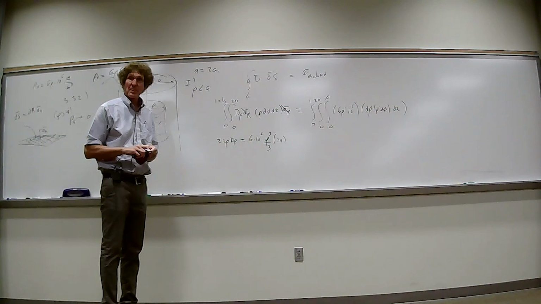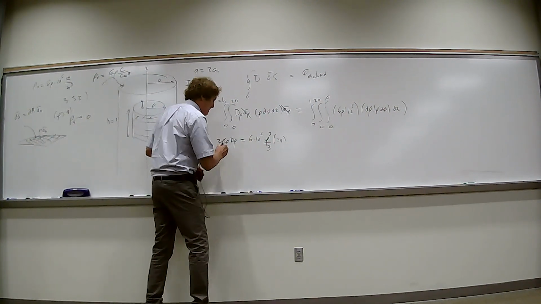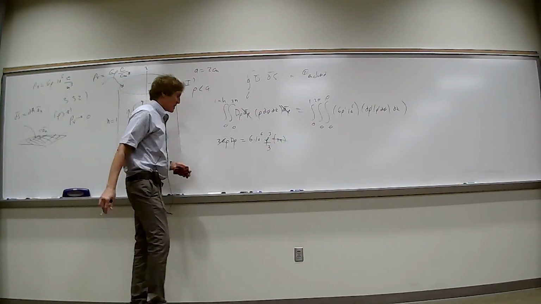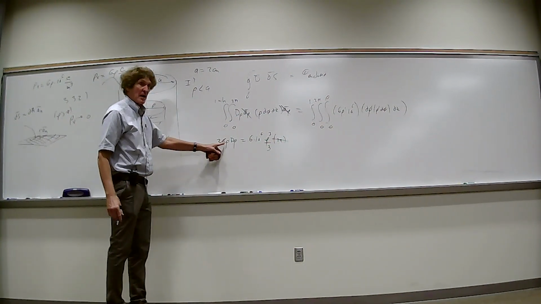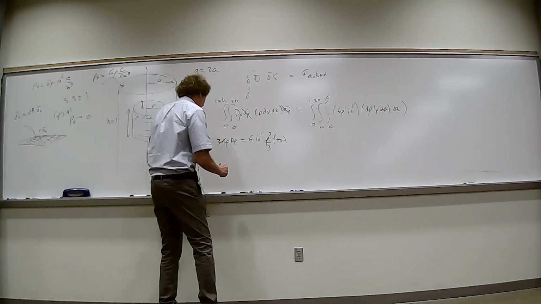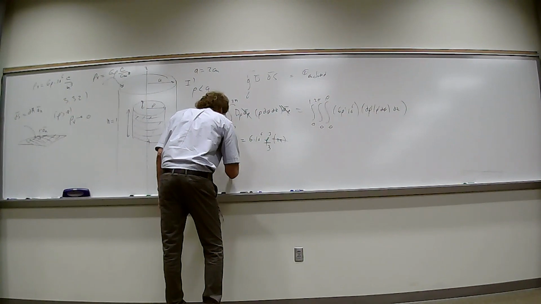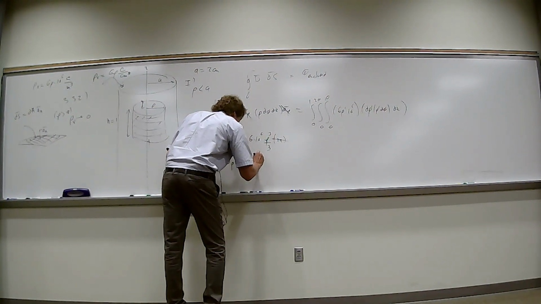Do y'all follow me? What do you notice right off the bat? 2 pi goes away. Agreed, class? The next thing you notice is you divide by rho on both sides. So we get d rho equal to what? That's just equal to 6 times 10 to the 6th.